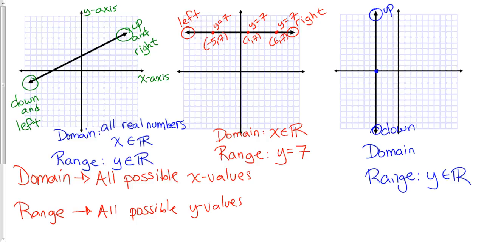So any point we pick will have an x value of -4. So in this case, our domain is not all real numbers. Our domain can only take a value of -4.